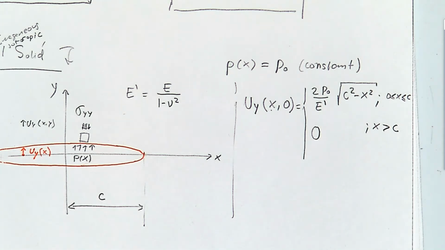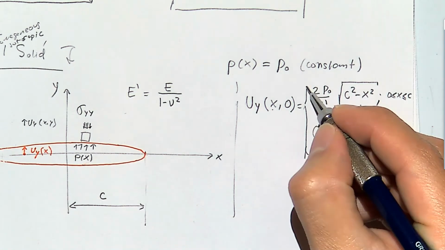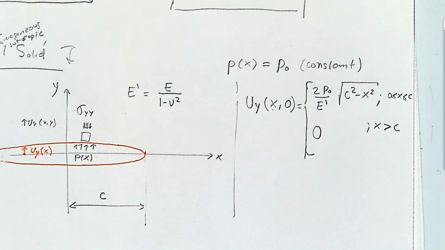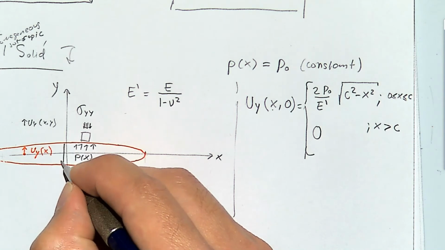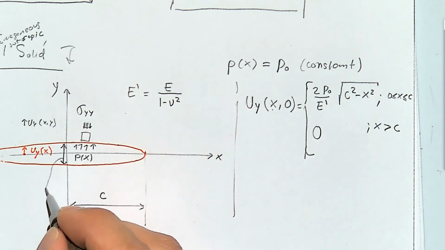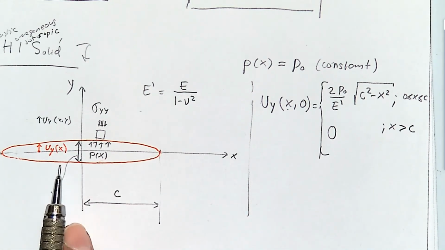And already from this equation, we can get what is going to be the maximum width of the fracture. The width is going to be the sum of the displacement of the upper wall and the lower wall in this case.